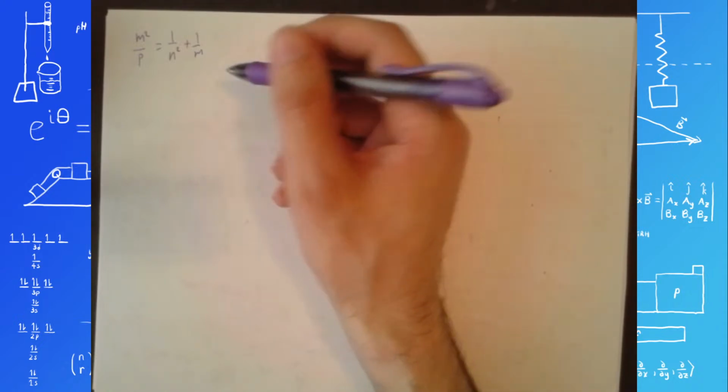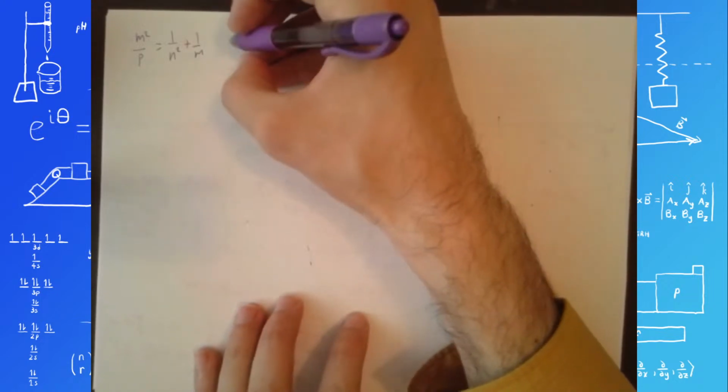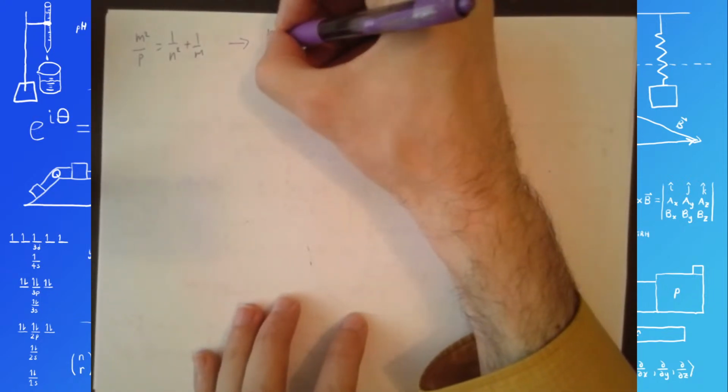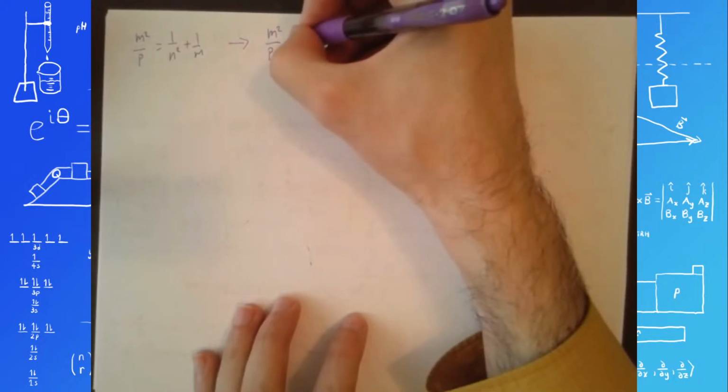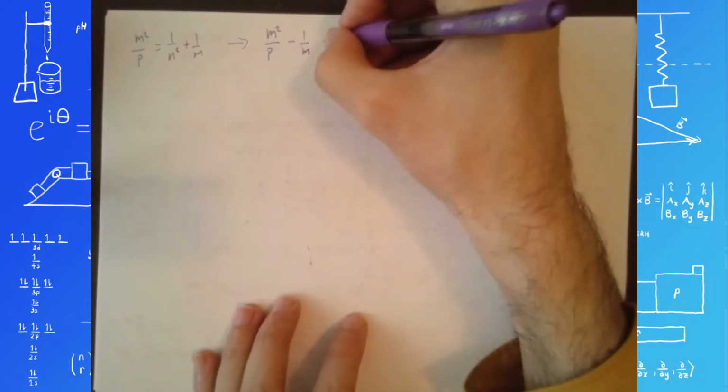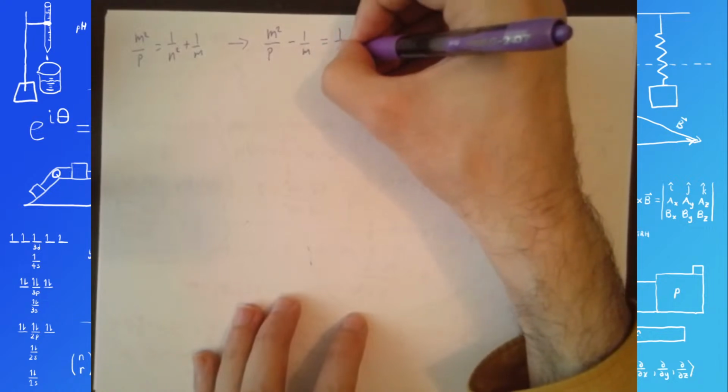So let's see if we can avoid that this time. Let's try and subtract 1 over m. So I get m squared over p minus 1 over m equals 1 over n squared.